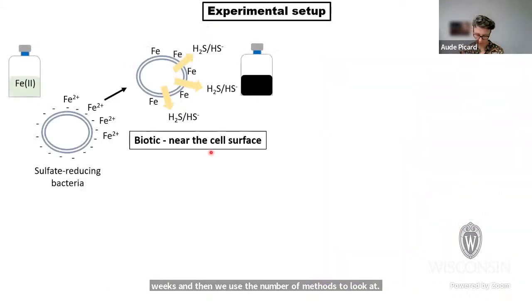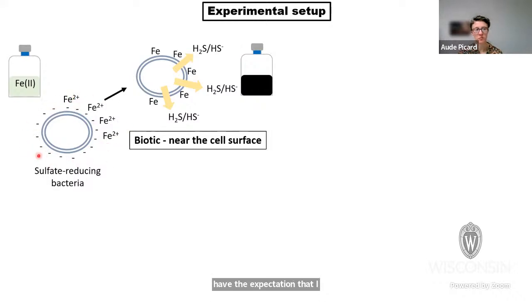So just to go back to the explanation about why we have those two biogenic or biotic conditions. In the first case, where we grow the bacteria with iron, we expect that iron will bind to the cell surface. Most bacteria have a surface that is negatively charged because of the deprotonation of functional groups in organic compounds.